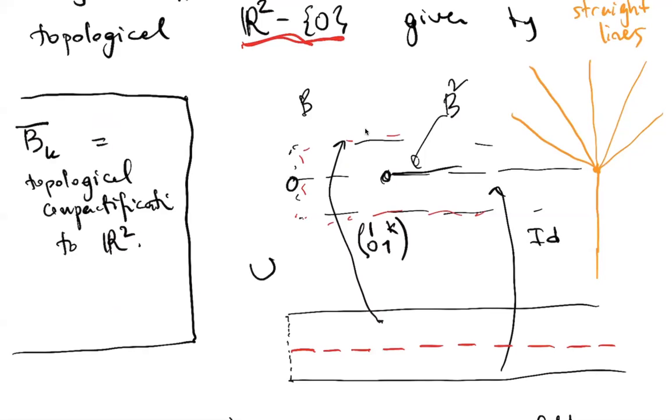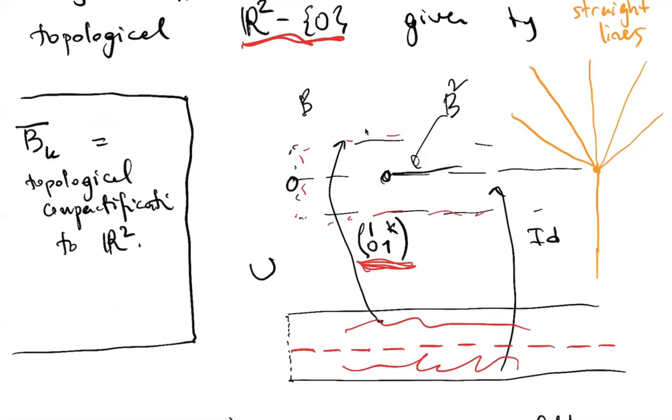And you reglue that infinite strip into R2 minus the branch line differently in the two connected components that are in the intersection of these two charts. In the one chart, you just use identity, and here you use this shear matrix, (1 1; 0 1)^K. And this defines an integral affine structure.